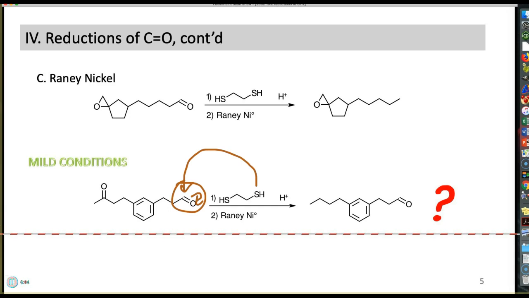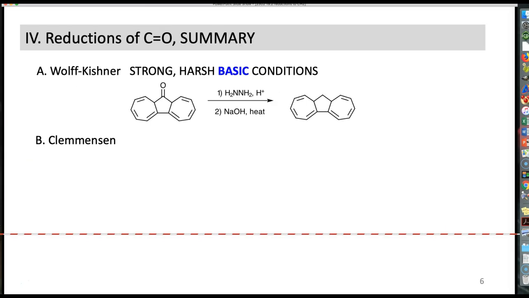So bottom line is, even the Raney nickel method isn't going to work for all examples. In fact, this example is going to be a problem no matter what method you use, because I cannot reduce my ketone in the presence of the more reactive aldehyde. That's going to require magic, or it's going to require something special called protecting groups, which is the subject of the next mini lecture.